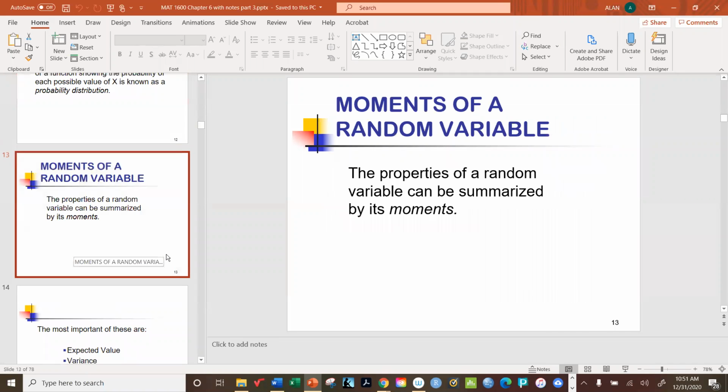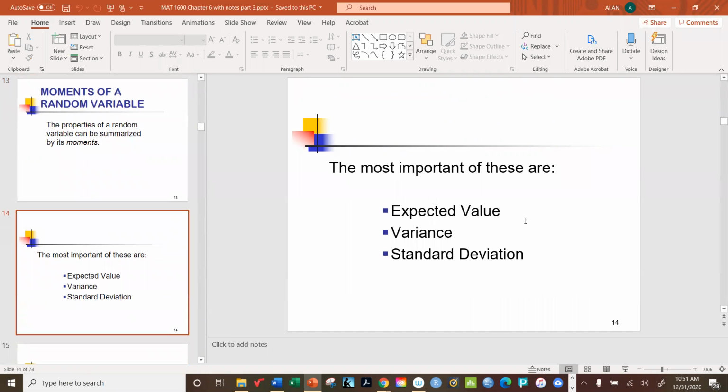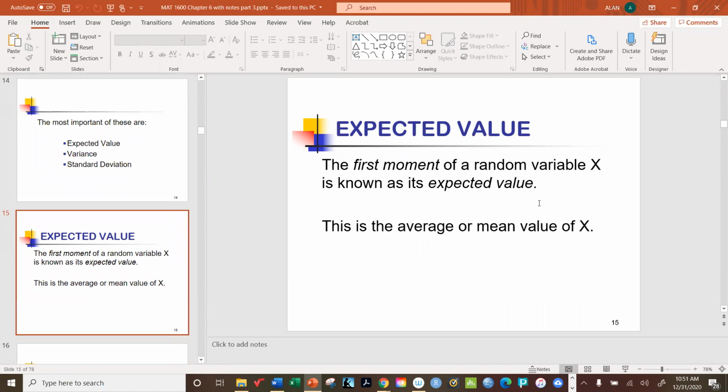Now, we also define the moments. These are the summary measures that apply to our discrete random variable. And you can see that they are very similar to what we've already done with samples and populations. The main difference here is that they incorporate probabilities, which we did not have in our previous chapters. But the concept is the same.